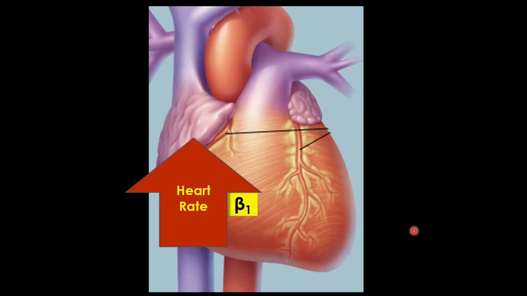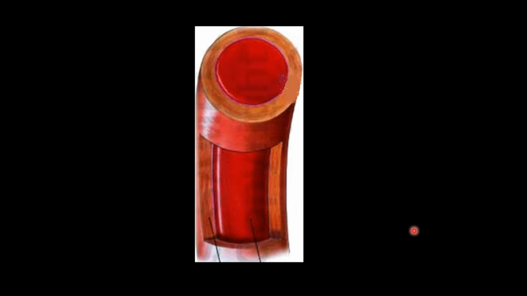Another important location of the beta receptors is the blood vessels. Blood vessels have a dual population of receptors. Alpha 1 receptors are present and beta 2 receptors are present. So when these alpha 1 receptors are equal in number with the beta 2 receptors, there is the normal structure of this blood vessel.